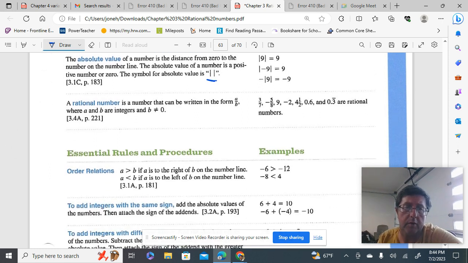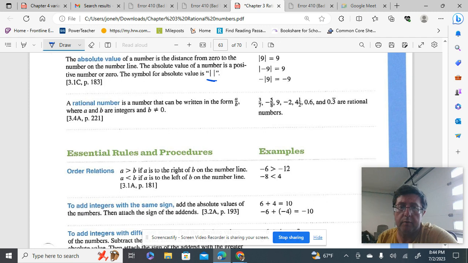Okay, a rational number is a number that can be written in the form a over b, where a and b are integers. b will not be 0 because you can't divide a number up into 0.